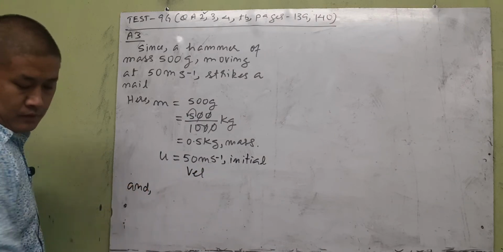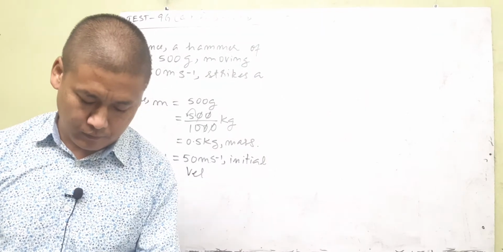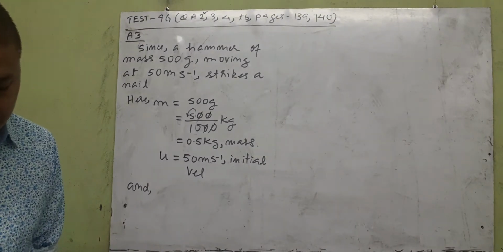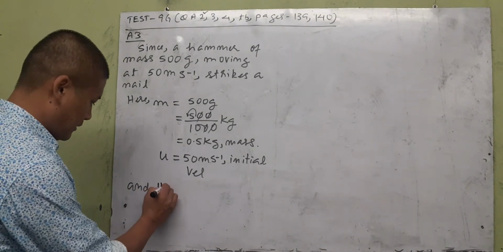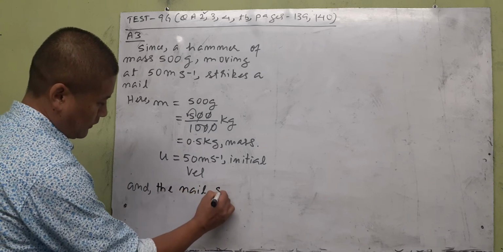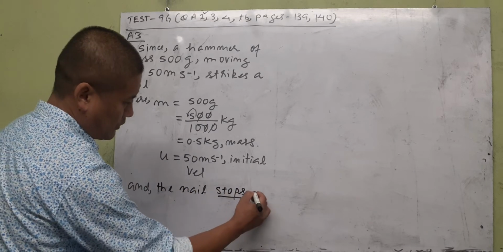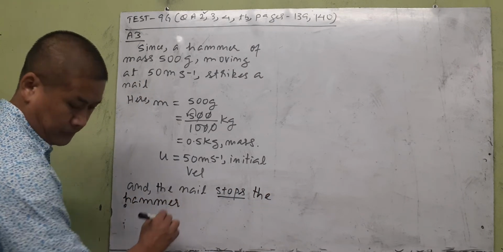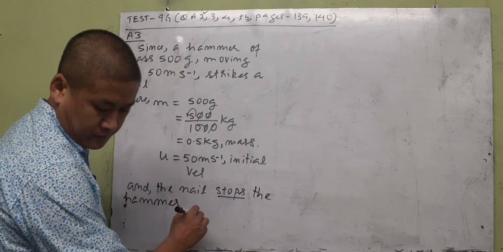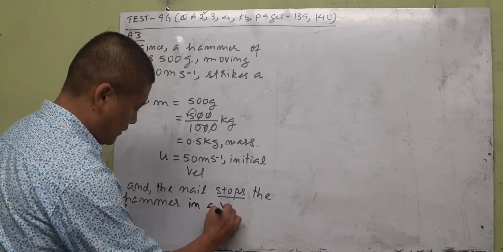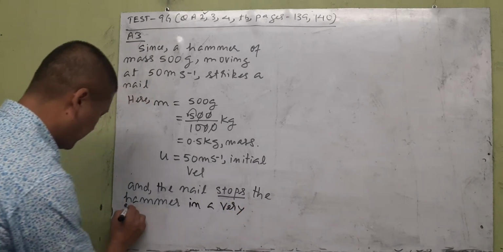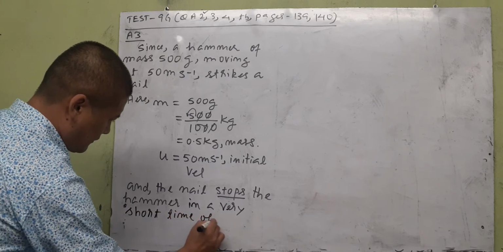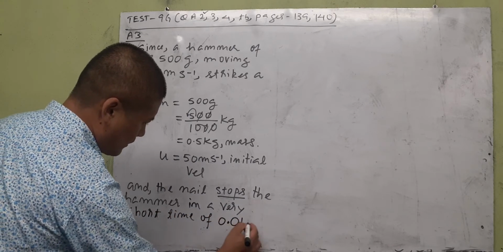And the next part of the question says the nail stops the hammer in a very short time of 0.01 second. So since the nail stops, so this is the keyword, stops the hammer in a very short time of 0.01 second, right?